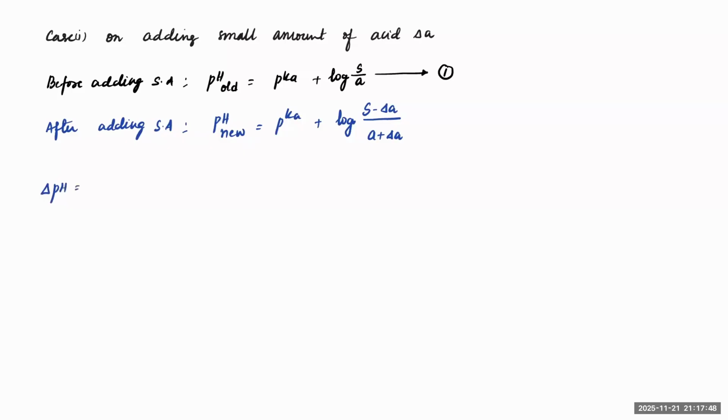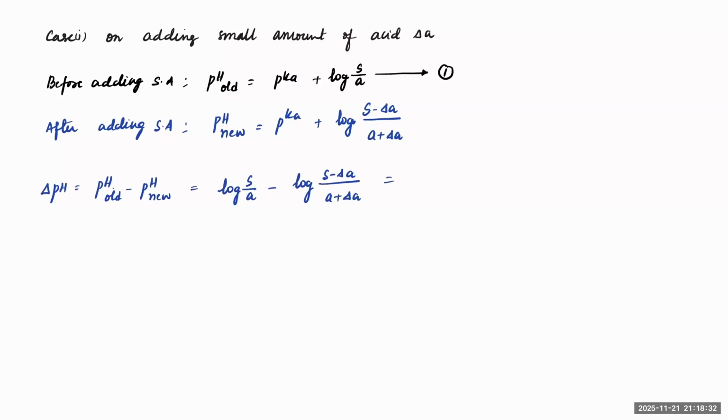Delta pH is equal to pH old minus pH new. Obviously, since you are adding an acid, we expect the pH to decrease, so that's why I took old minus new. If it was a base, it would be new minus old. Basically, you need a mod value. It doesn't matter how you take it. So in that case, pKa will get cancelled. I will have log of salt by acid minus log of salt minus delta A by acid plus delta A.